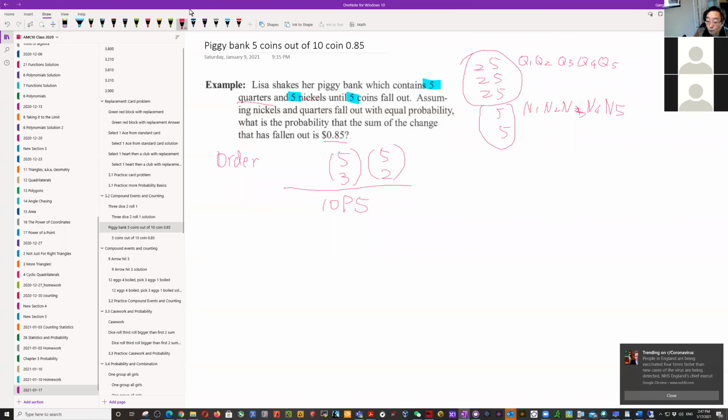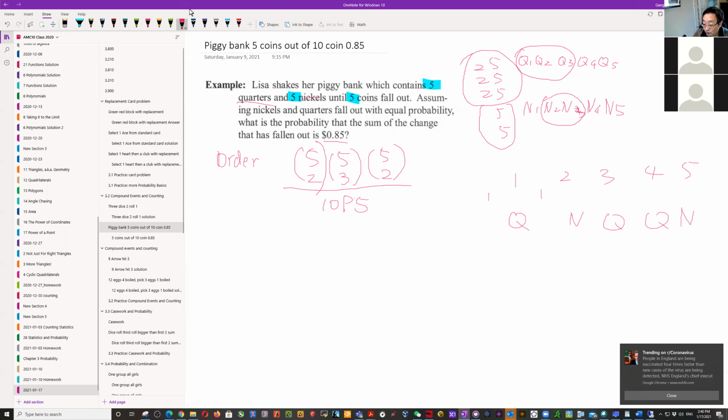This is just coin selection. For example, we select 3 quarters here and 2 nickels here. And because this is an ordered tuple, we need to think about the positions 1, 2, 3, 4, 5, and where I'm going to put the quarters and the nickels.